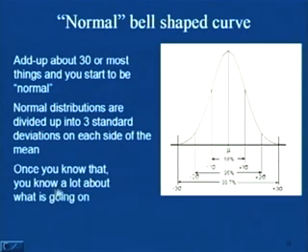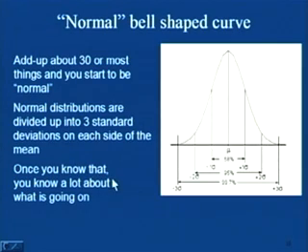Most of the outcomes that are random and independent follow the normal distribution, and we can divide it into plus 1, plus 2 and plus 3 sigma on one side, and similarly minus 1, minus 2, minus 3 sigma on the other side, so that 99.7% of the observations are covered in mu plus minus 3 sigma.